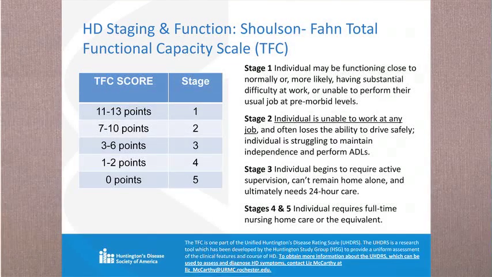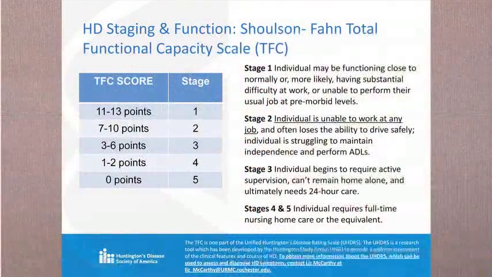Stage 2, the transition from stage 1 to stage 2 is an important one in terms of function. Usually in stage 2, individuals are unable to work at any job, and they often lose their ability to drive safely as well. They are struggling to maintain independence and perform ADLs. And so this is really where patients at this stage and worse are going to be thinking about stopping work and applying for disability.